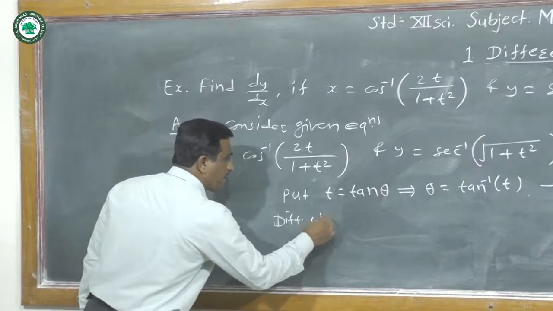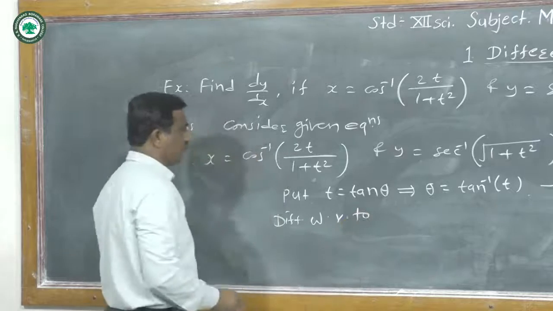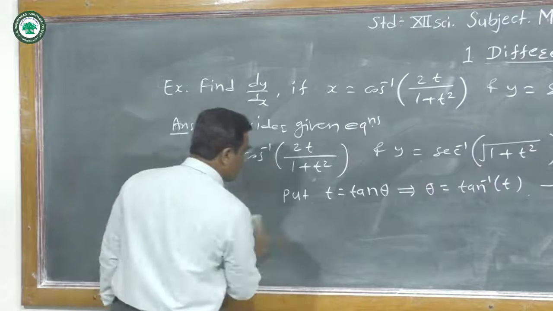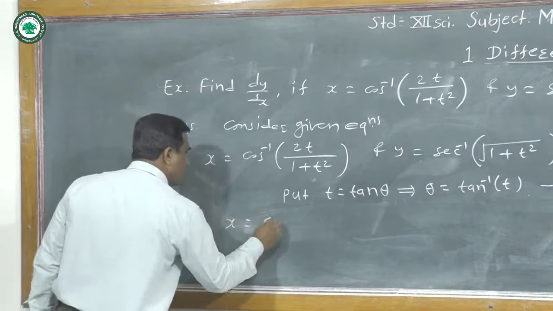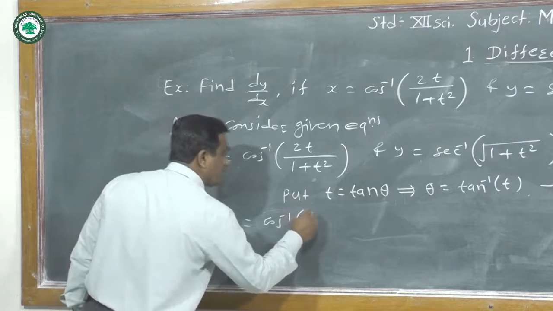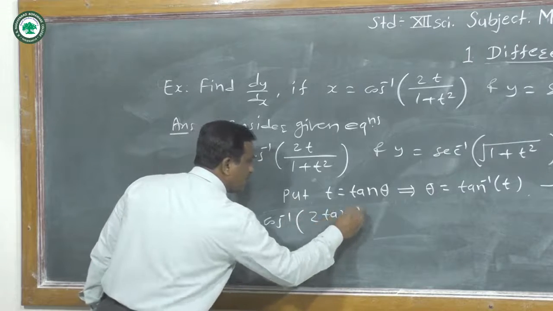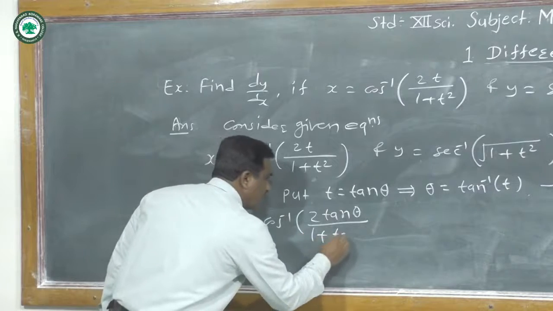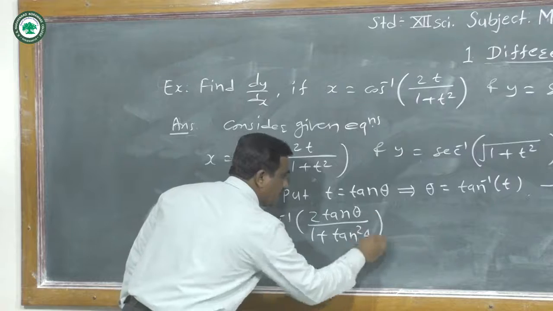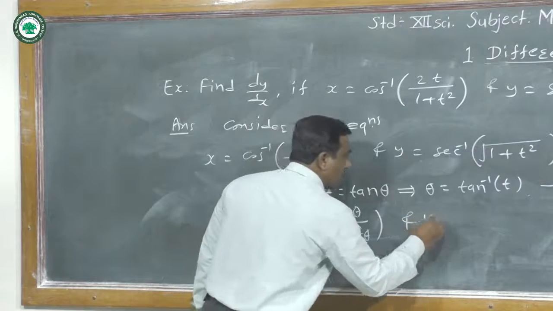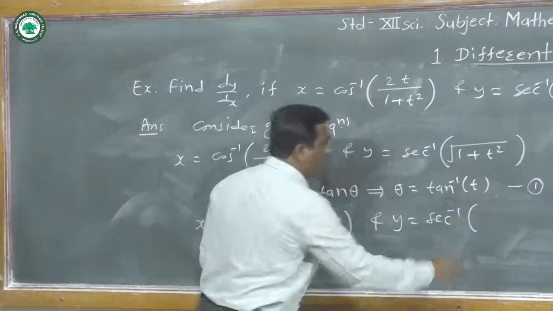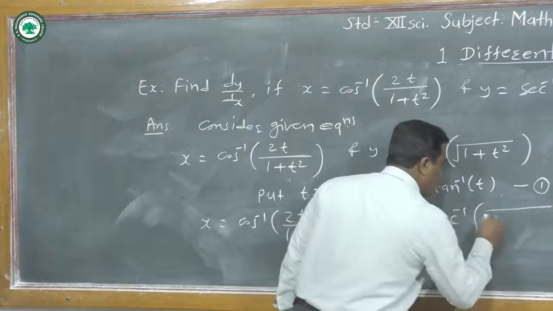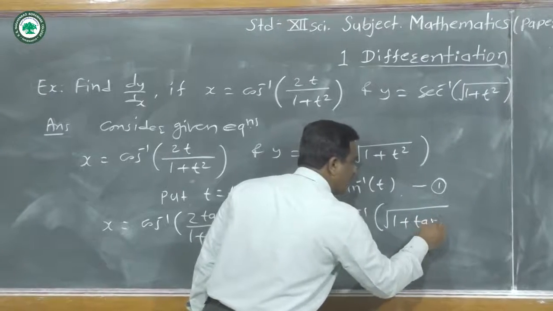First put here the value of t, that is x is equal to cos inverse of 2 into tan theta upon 1 plus tan square theta, and y is equal to sec inverse of under root 1 plus tan square theta.